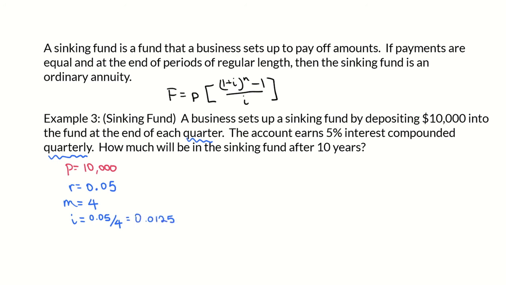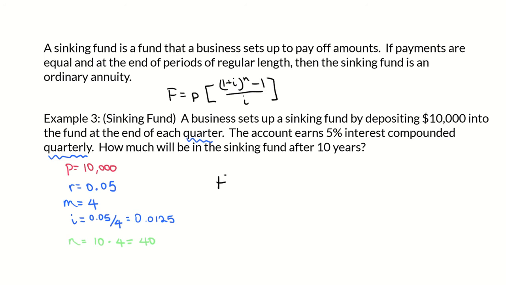So i is 0.0125. And then last n is the total number of compounding periods, which is the number of years, which is 10, multiplied by the periods per year, which is 4. So n is equal to 40. And now we have the information to set up that equation.